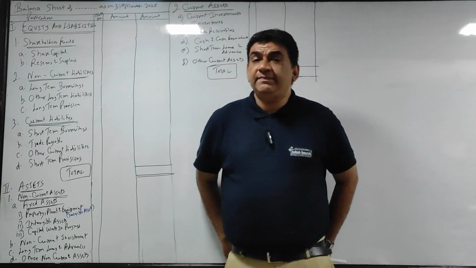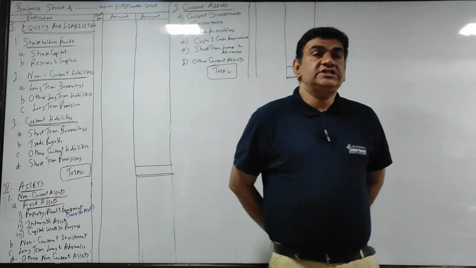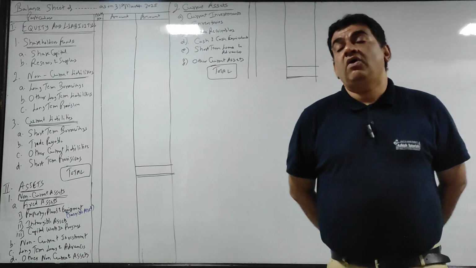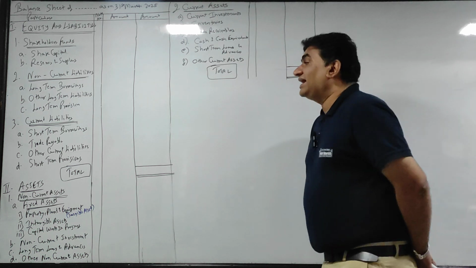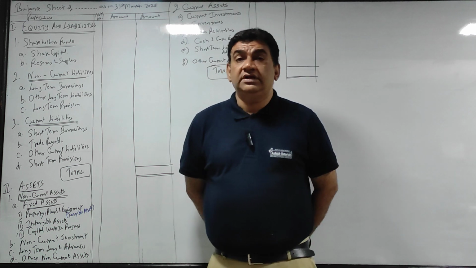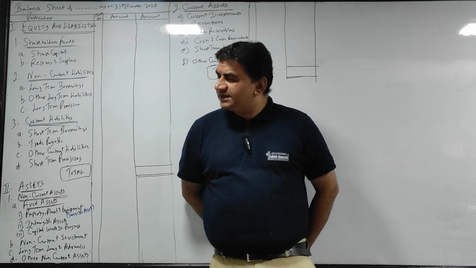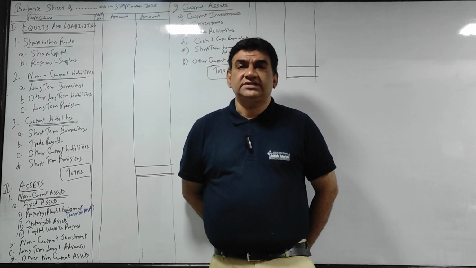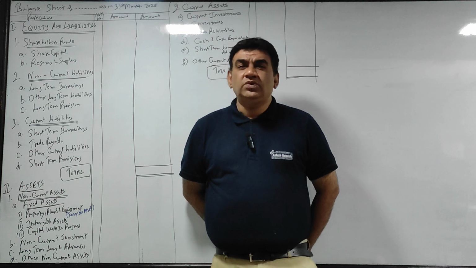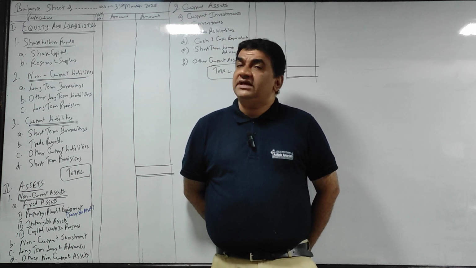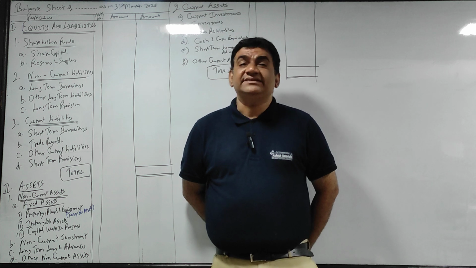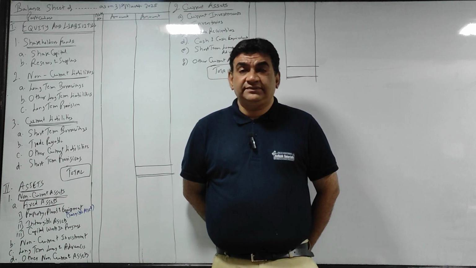Second, trade payables. Now, trade payables will generally include all liabilities which are genuinely connected with your basic trade activities. As far as your syllabus is concerned, in 99% of the cases there are only two items, creditors and bills payable.